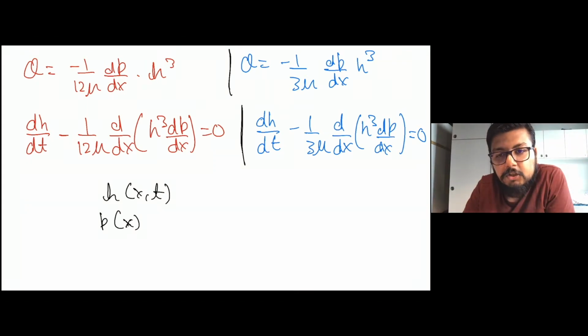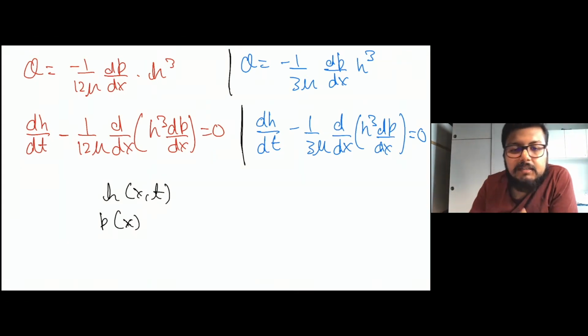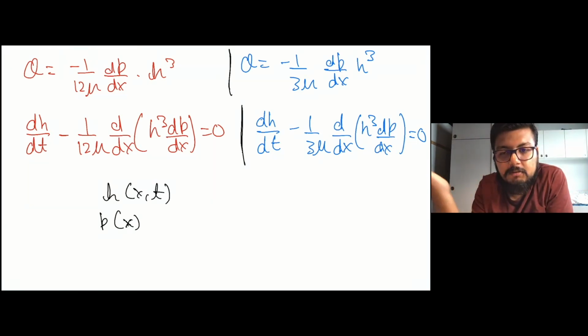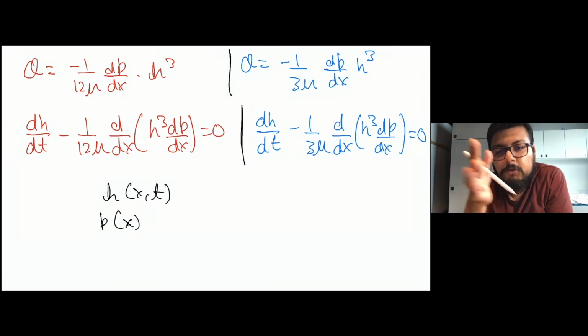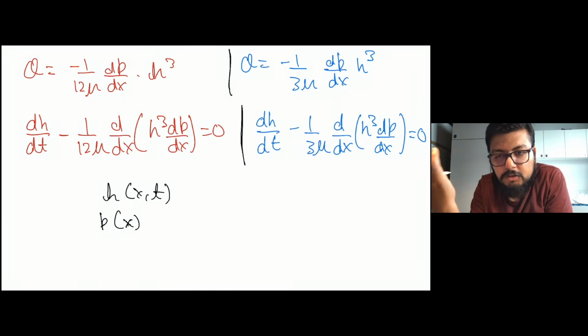So usually you will either be given the evolution of h as a function of space and time, and then you would be supposed to calculate the pressure drop inside the thin gap, or you would be given the value of pressure or the evolution of pressure, and then you will be supposed to find the evolution of the thin film height h.